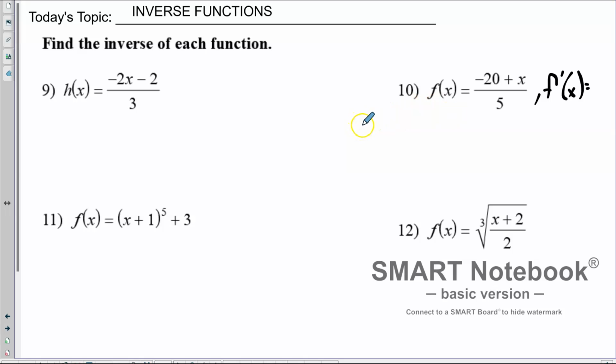So where do I start, okay? Again, this is y equals some function in terms of x. So I'm going to switch it. Okay, I'm going to put x equals negative 20 plus y over 5. Okay? Now, the next thing from here is to solve for y. Okay? And whatever's left over will be our f inverse.